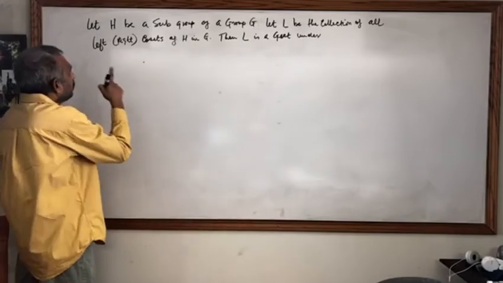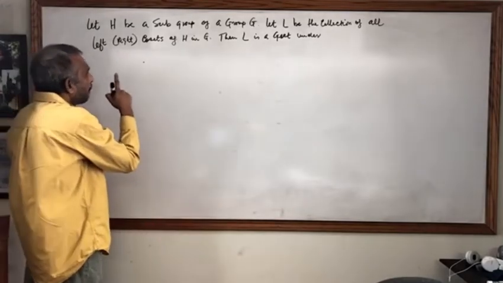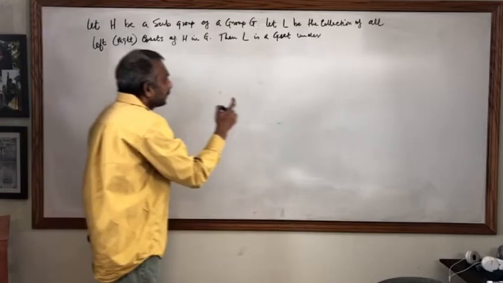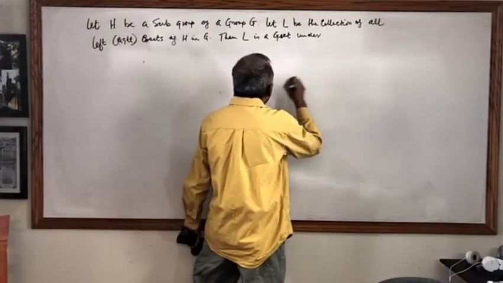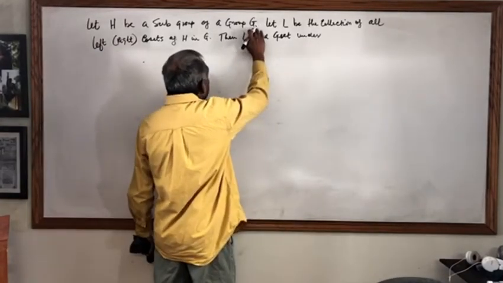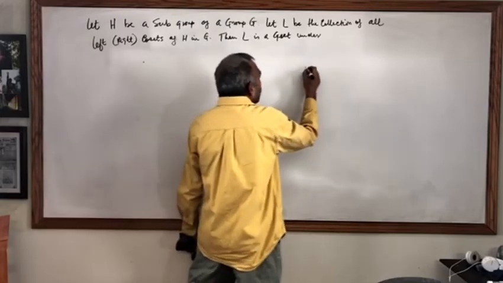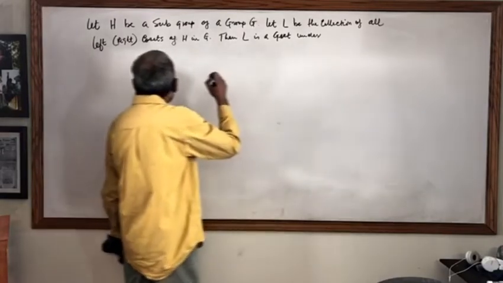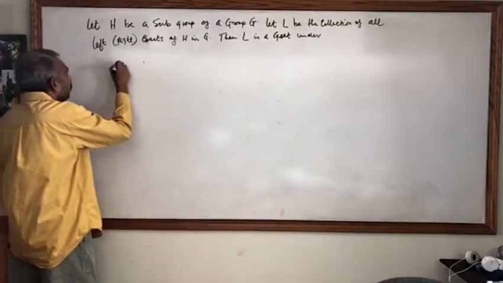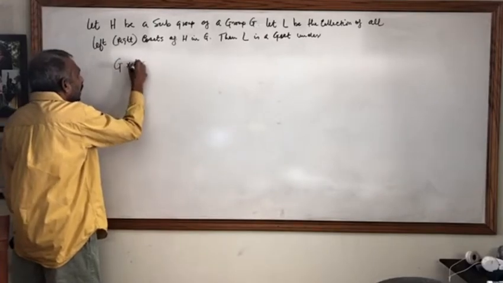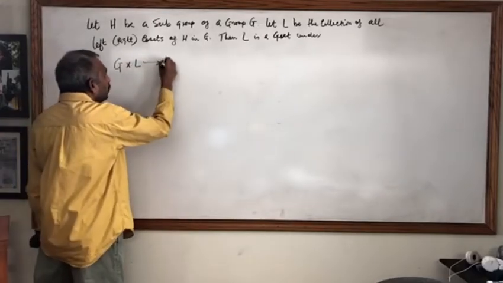So we are going to define a group action of G on L, meaning we need to define a function from G cross L to L.